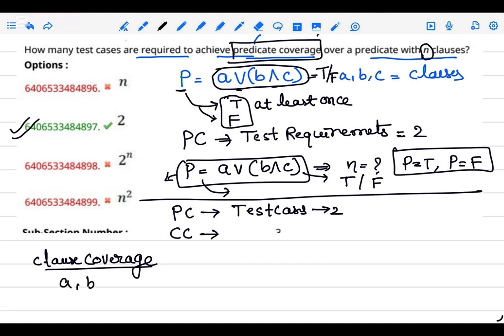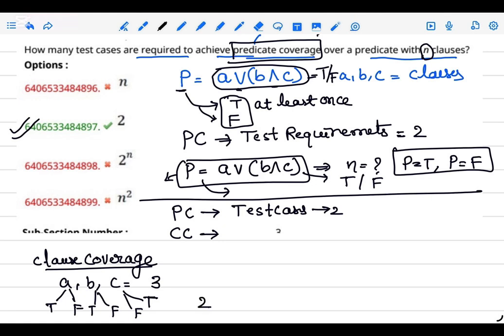A, B, C, that is 3. Clause coverage means, for example, A is true and A is false, B is true and B is false, and C is true and C is false also. So for each clause, 2 is possible, true or false.